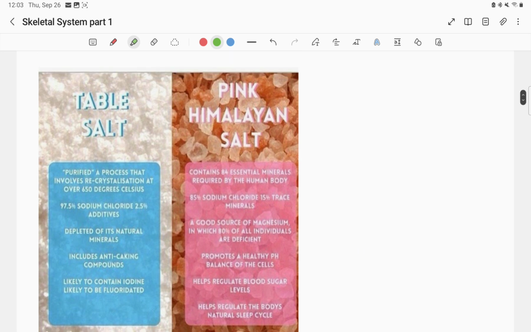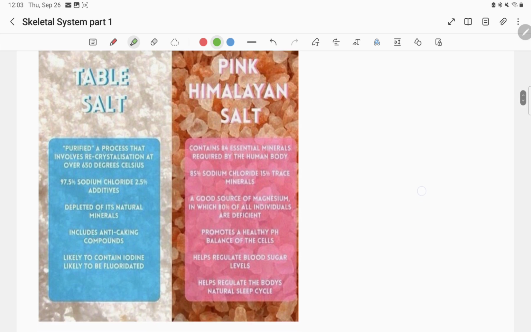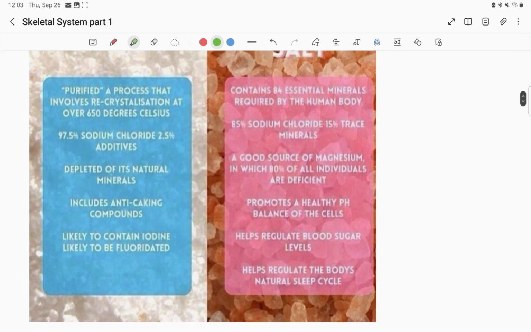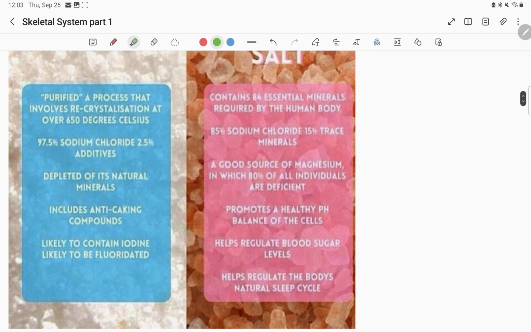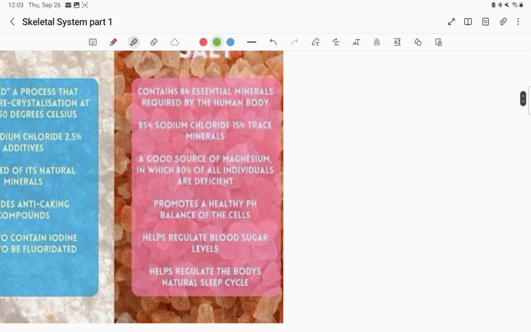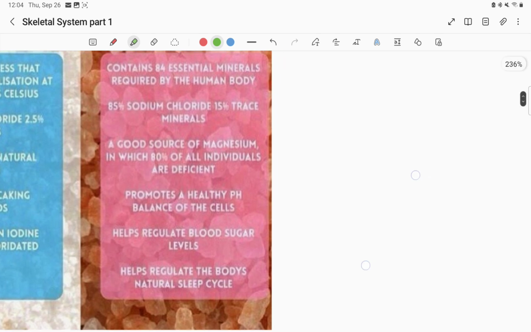Here is the difference between table salt and the pink Himalayan salt. The table salt has a lot of additives in it. It's been depleted of its natural minerals. They usually add an anti-caking compound, and it can contain iodine and fluoride. Whereas pink salt contains the essential minerals that the human body needs. 85% sodium chloride and 15% of it is your trace minerals.